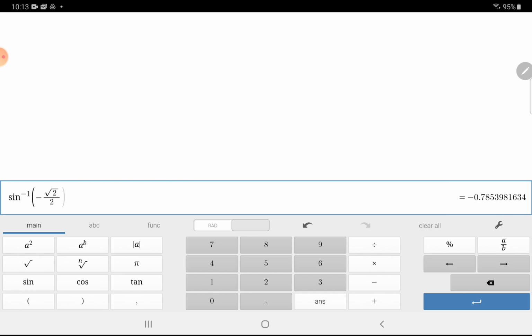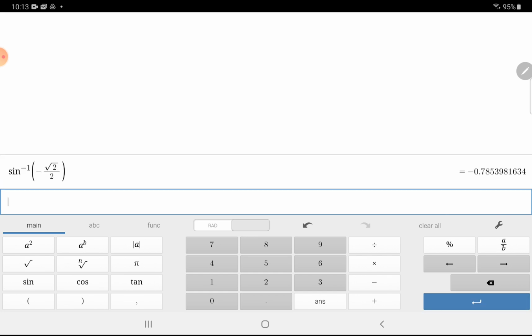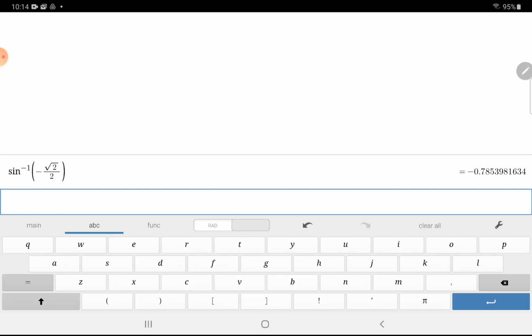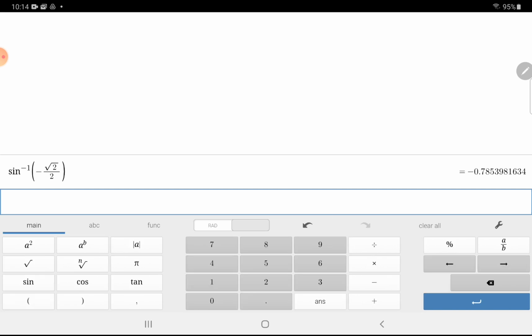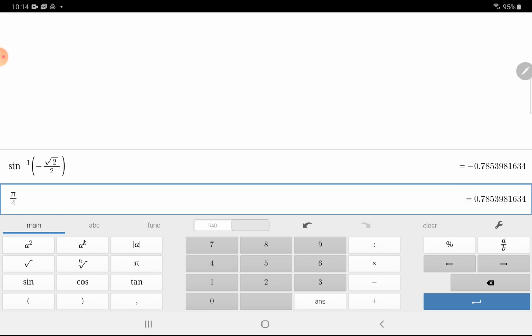If you just want to make sure you have the correct answer here, what is that really the same as? If we tried pi over 4, pi over 4 does give us that value of 0.78. So we can see that this basically gives us the equivalent of negative pi over 4.